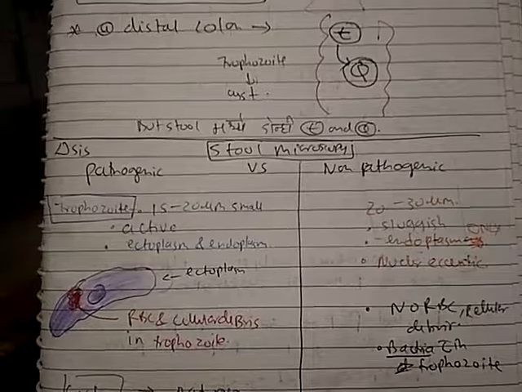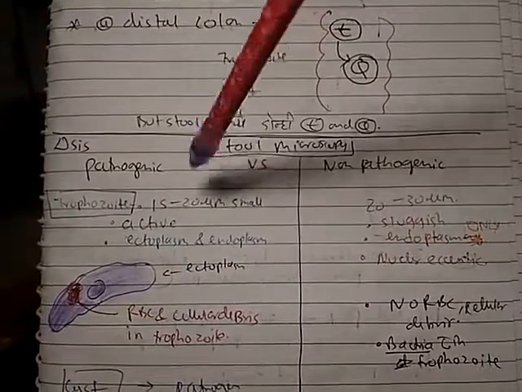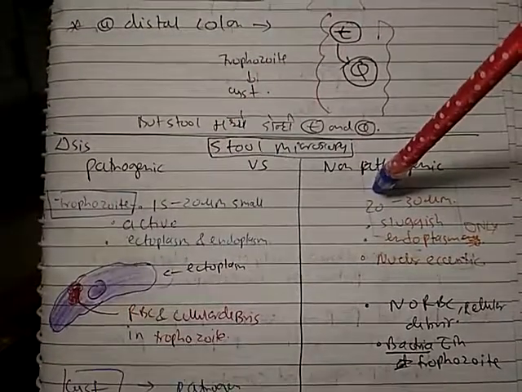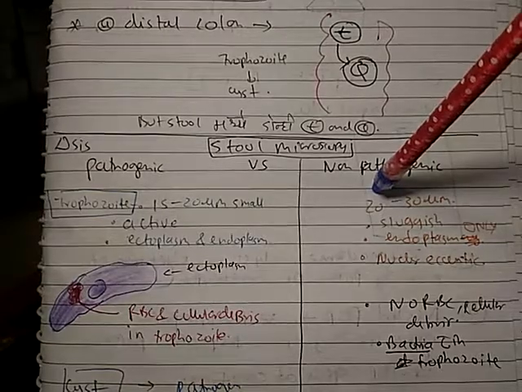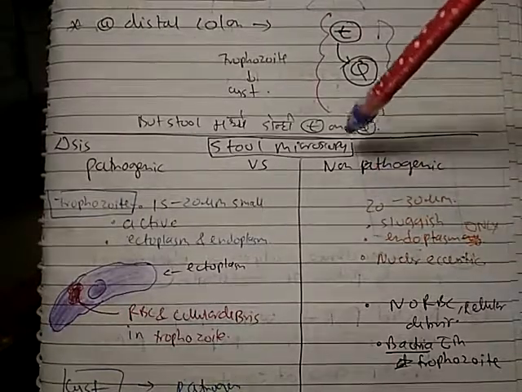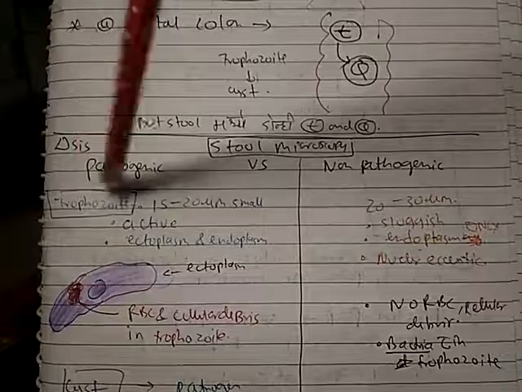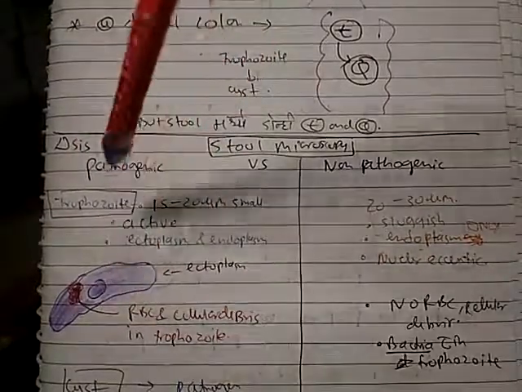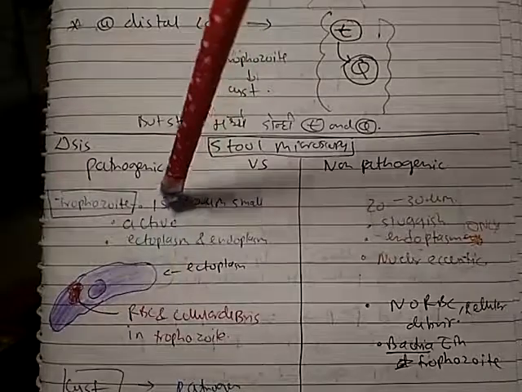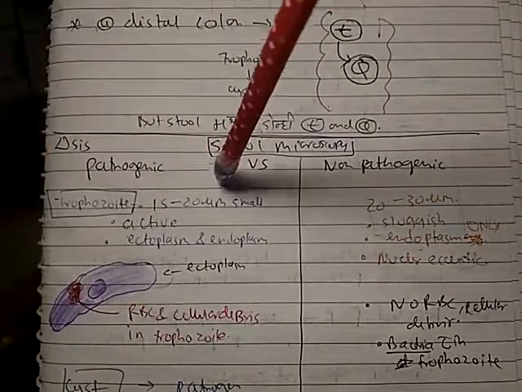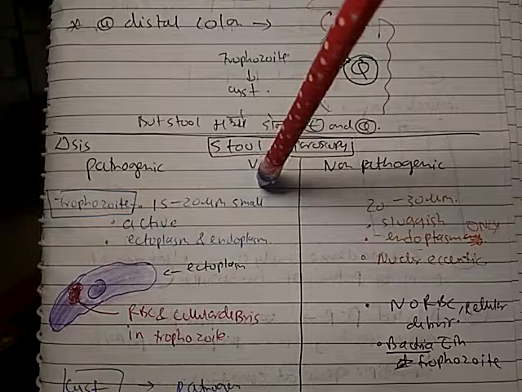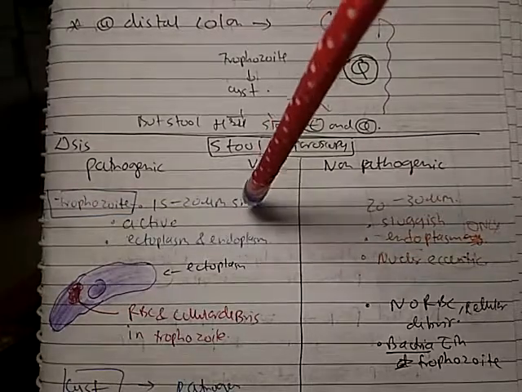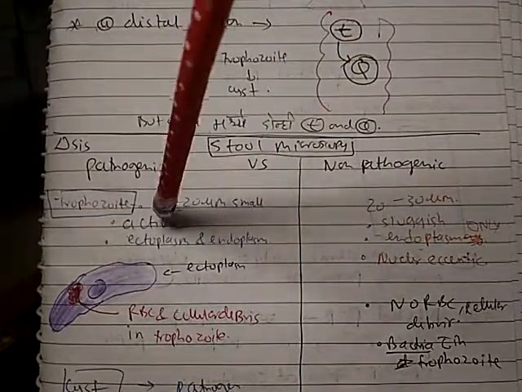So how to differentiate between pathogenic and non-pathogenic strains of this Entamoeba histolytica. So trophozoite, as we know that in stool both trophozoites as well as cyst will be seen. Trophozoites of a pathogenic Entamoeba histolytica are 15 to 20 micron in diameter. Then they are active.